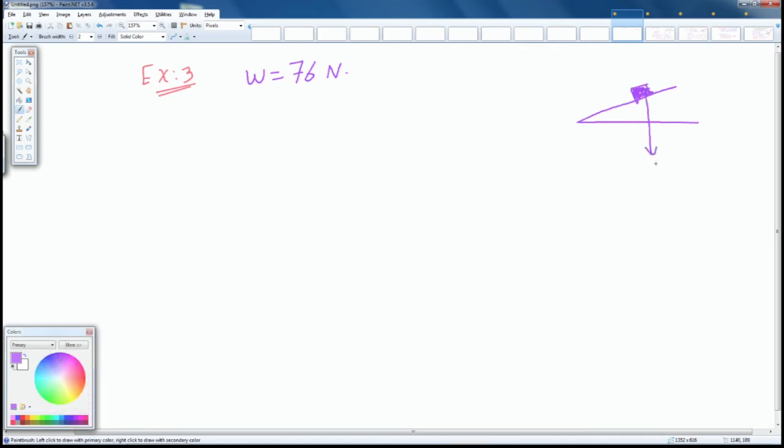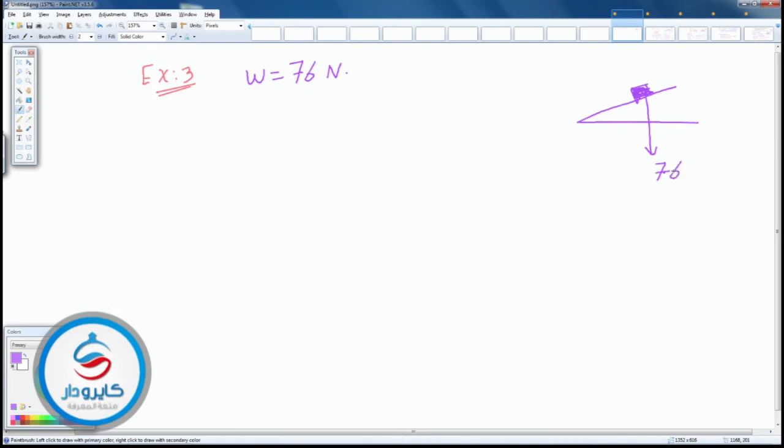This is its force of weight 76 and this is the normal reaction. Now we have 76 cosine theta and we have 76 sine theta, and don't forget to put mu R, the friction, because the body is about to move.